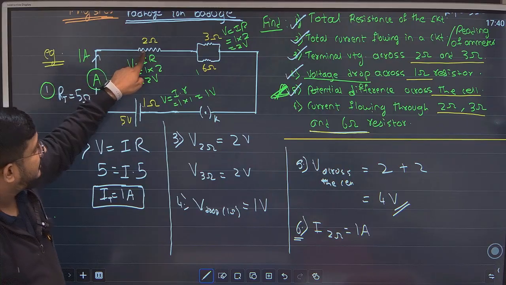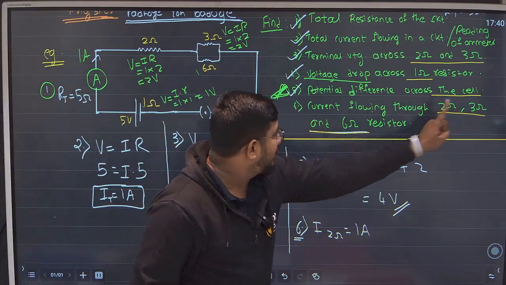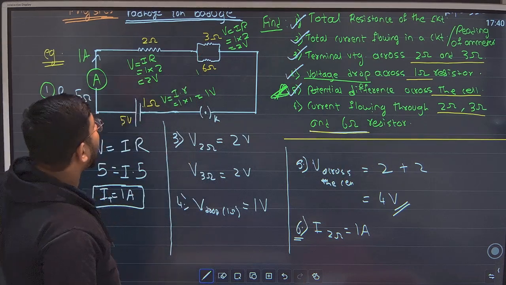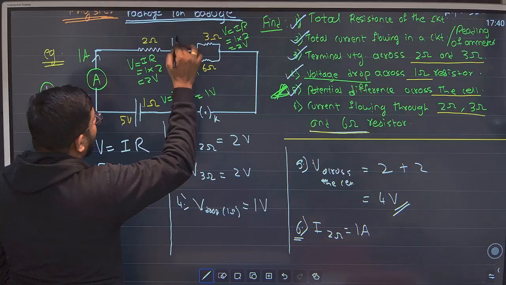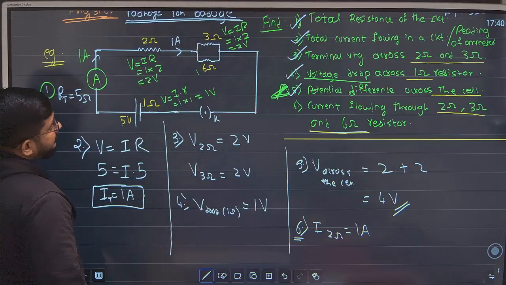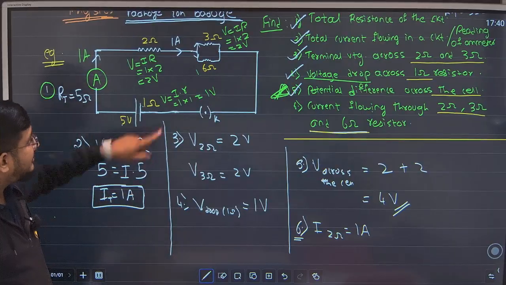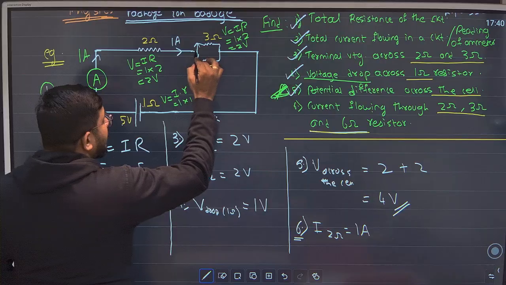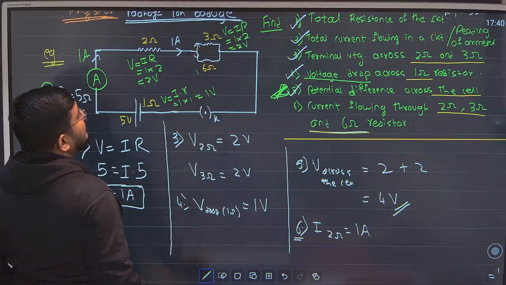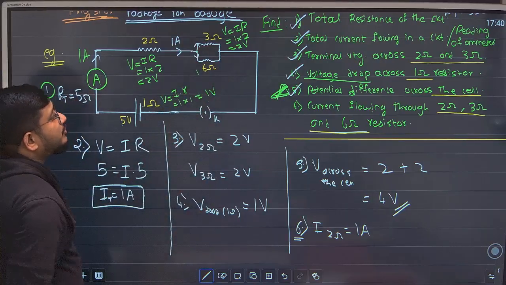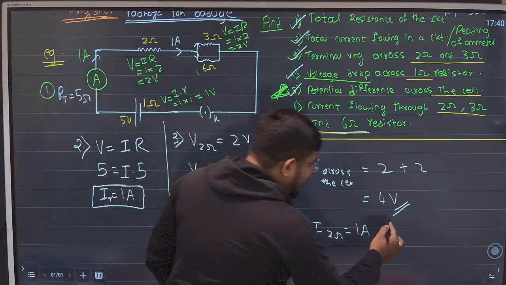Same current. And now 3 ohm and 6 ohm. Now guys, this 1 ampere current will get divided over here. And this is a junction. This is the junction point. At a point, current will be divided. So how can we find the current in 3 ohm and 6 ohm? Easy. Using V is equal to IR.